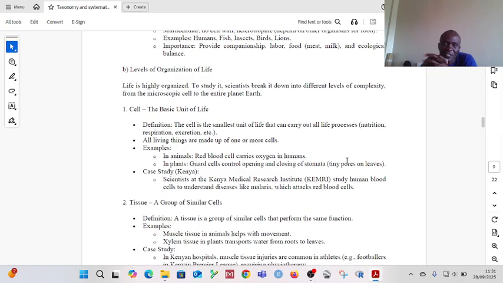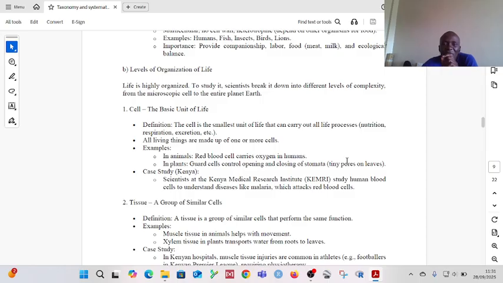these living organisms, they are made up of some level of organization. Okay? So it means that when you are looking at a living organism, you are looking at the life of that organism. But the life of that organism is highly organized. It is fairly stratified.